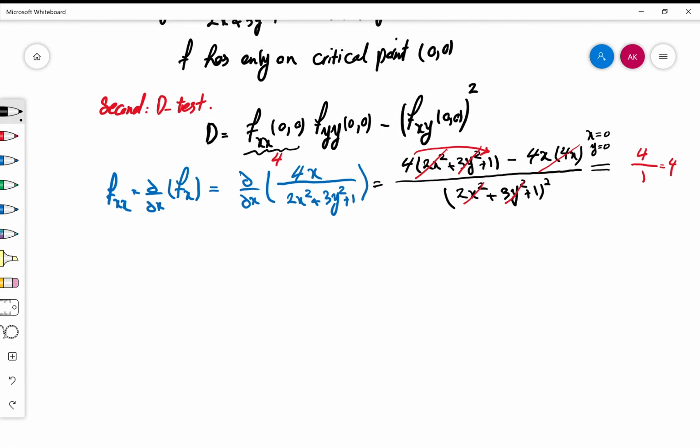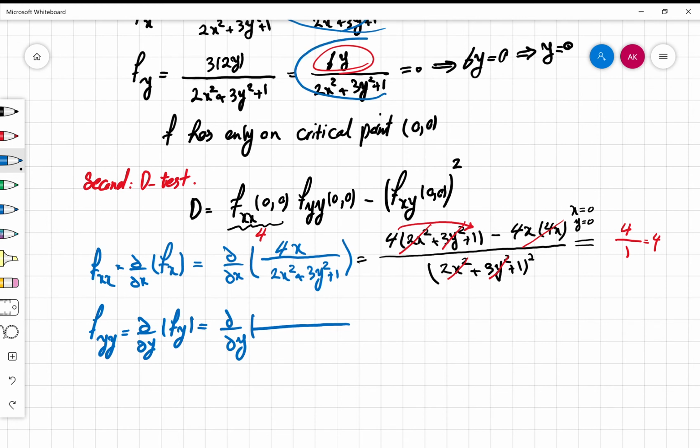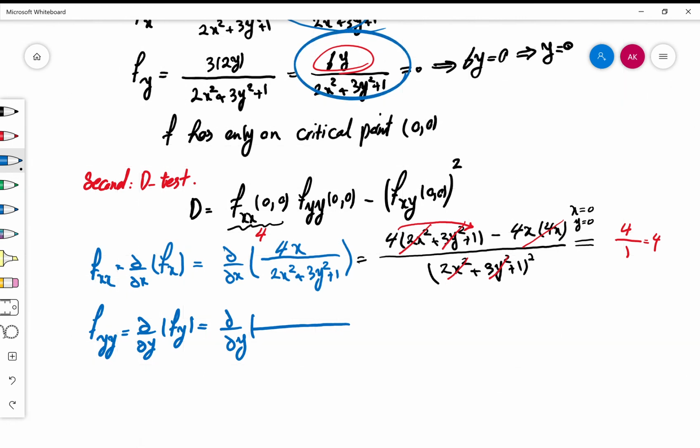Let us do fyy. That means we find the partial derivative with respect to y of fy. The partial derivative of f with respect to y is 6y over 2x² + 3y² + 1. Again, we can apply the quotient rule.